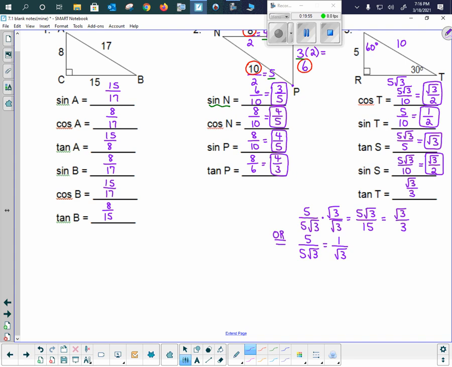Well, now you rationalize by √3 over √3, and when you multiply straight across, you get root 3 over root 3 times root 3 is 3. You get the same answer, but it was just already reduced. So sometimes it's a little bit easier to actually reduce first. Okay, so think about that. Whatever is going to be easier for you. Either way, there's your work for that.